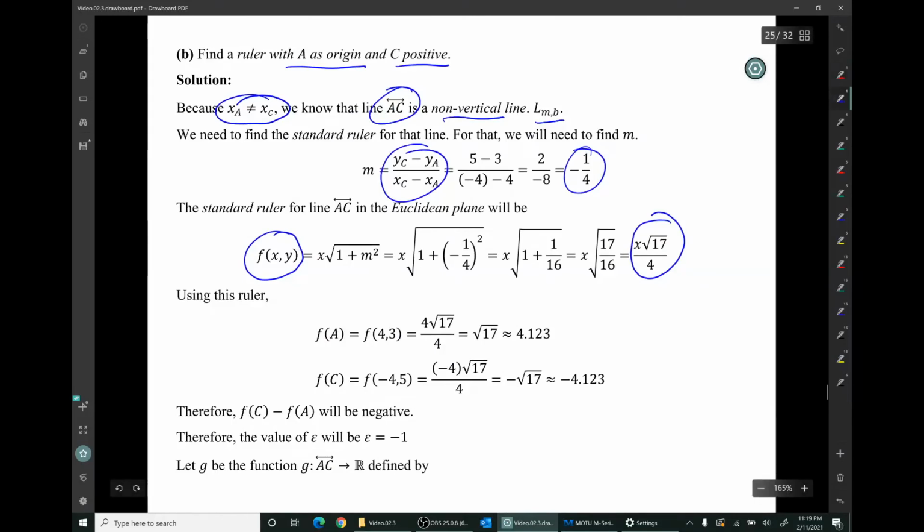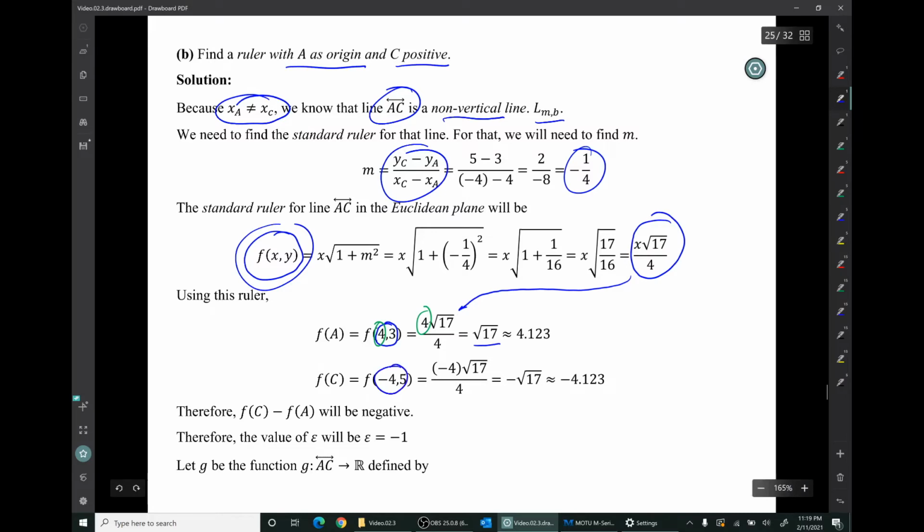Well, with this standard ruler and the point A that we're given, A is the point whose coordinates are 4, 3. When we compute f of A, we use this formula, and we use the value of 4 for x, and we end up with f of A equals square root of 17. Now we have to compute f of c.